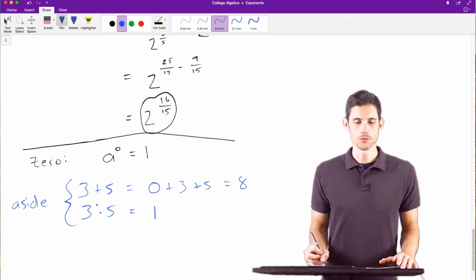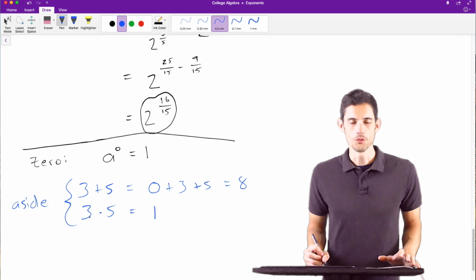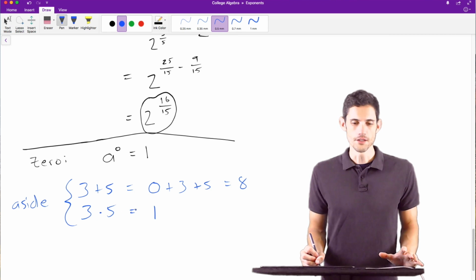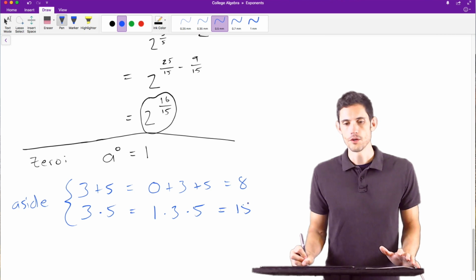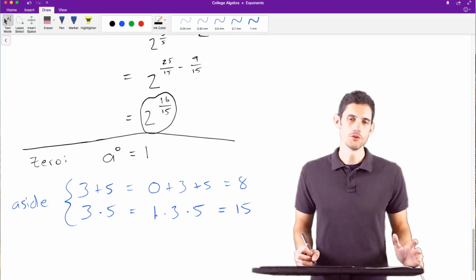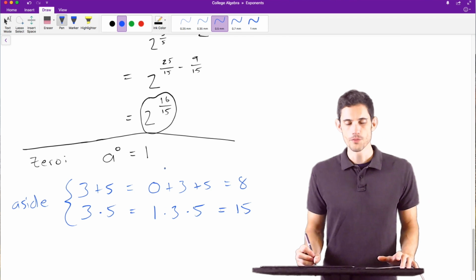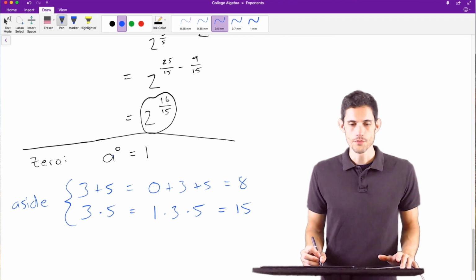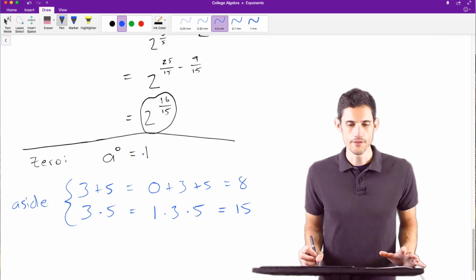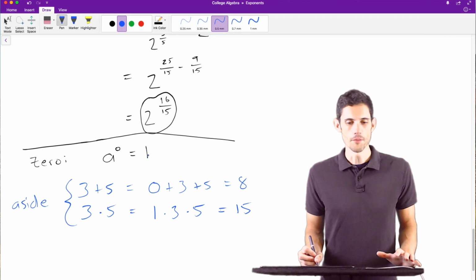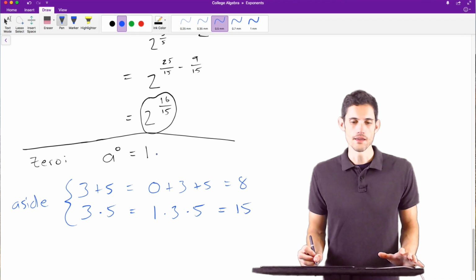This is not college algebra, just in case you're interested. So 3 times 5 is equal to the multiplicative identity 1 times 3 times 5, which is still 15. But you just start with 1 because you're doing multiplication. And so, in this scenario, a to the power 0, I'm starting with the multiplicative identity 1, and then I'm multiplying a 0 times, so I just end up with 1.